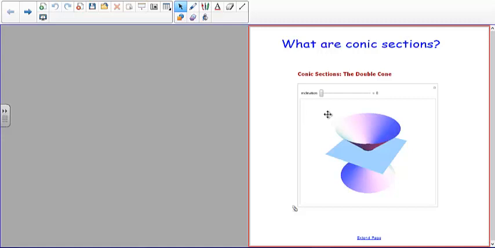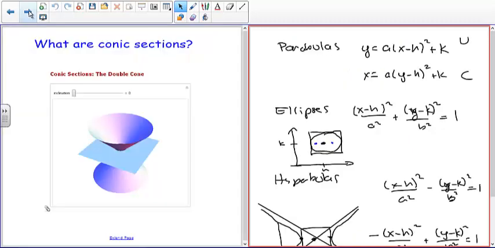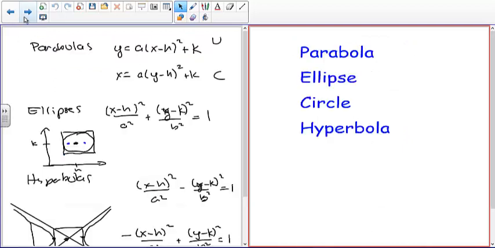They're called conic sections because you take two cones rotated around one of the axes, probably the z-axis, and then you cut that with a plane at different angles. The shape of the intersection between the plane and the cone depends upon the angle of the plane. You'll get a parabola, an ellipse, or a hyperbola. So that's why they're called conic sections. That's what we said the other day.